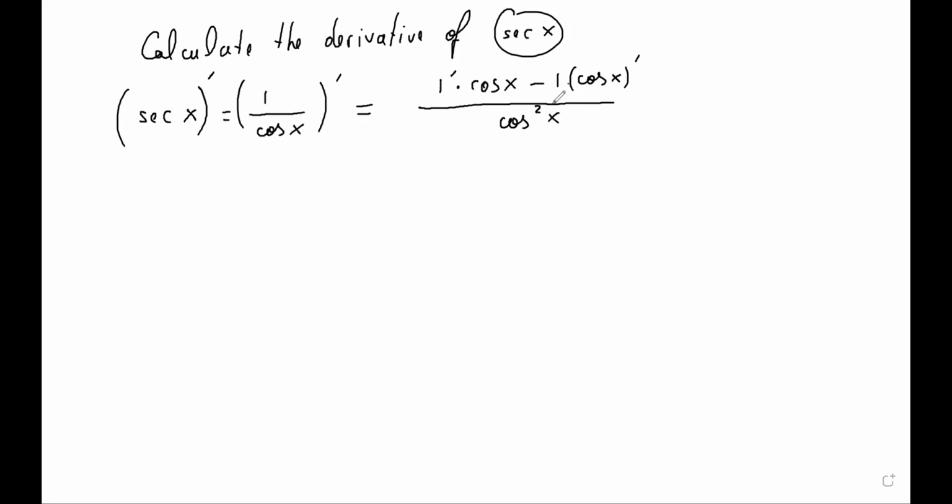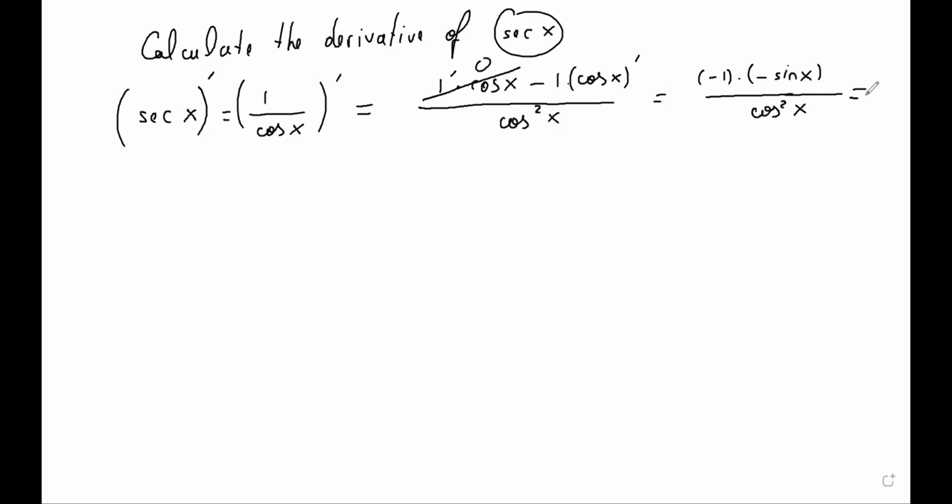If you look here carefully, folks, 1 prime is 0, so this product is entirely 0 and that disappears. We are going to get negative 1 times the derivative of cosine, which everybody needs to remember now is negative sine x, and that's all over cosine squared.